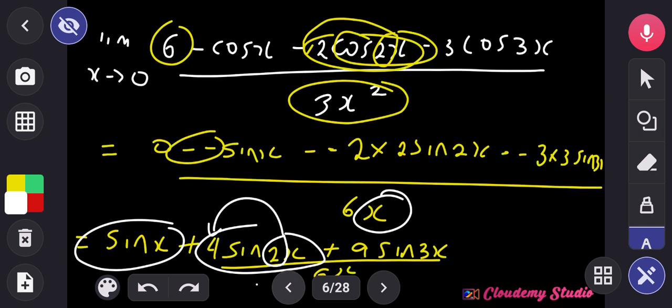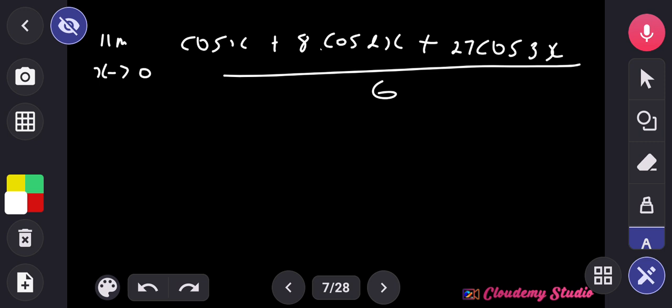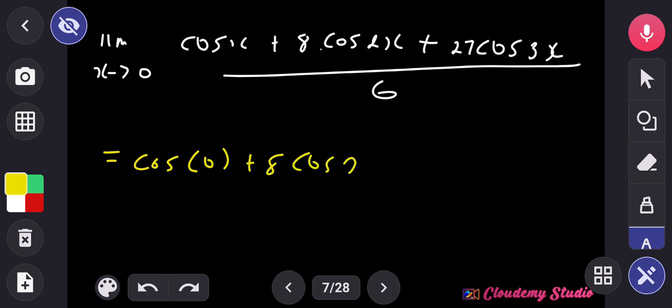So if you look at it very well, we have eliminated all the x that is at the denominator, which means if we input our x here, we are not going to have it at the denominator and we're not going to have an undefined answer. Therefore, we can now input 0. So we're going to have cos 0 plus 8 cos 2 multiplied by 0 plus 27 cos 3 multiplied by 0, everything divided by 6.